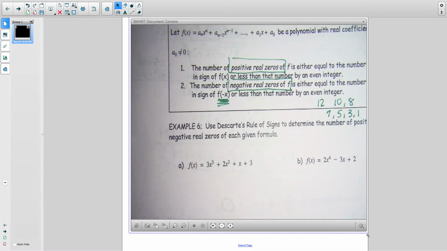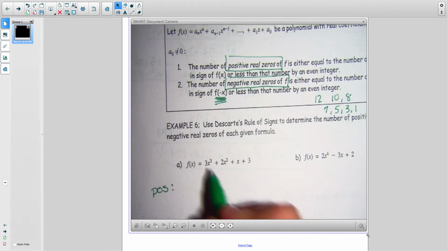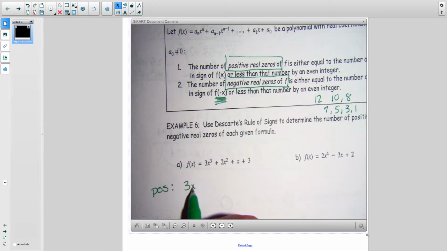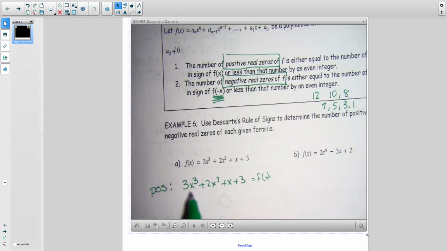So for the positive, we look at the sign changes. Well, do I have a sign change here? No, this is positive, this is positive. Do I have a sign change here? Positive, positive, no. Sign change here?